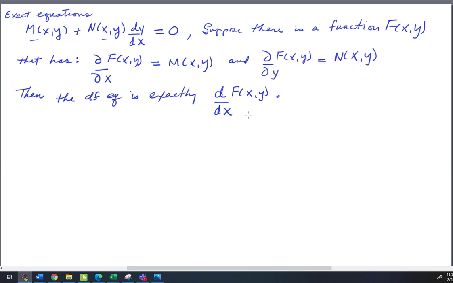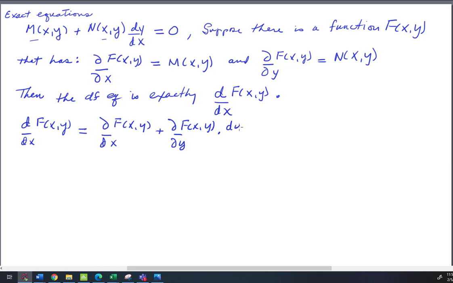Now let's check that out. And we have to use the chain rule to do this. But the derivative of f of x, y with respect to x, and I suspect this might be calculus 3 where you learn to do things like this, would be the partial of f of x, y with respect to x plus the partial of f of x, y with respect to y times the derivative of y with respect to x. There's the chain rule kicking in.